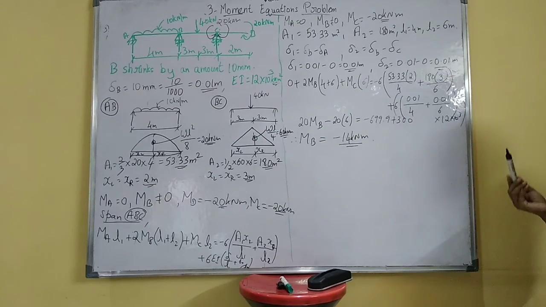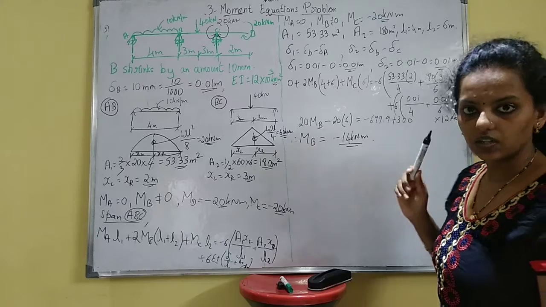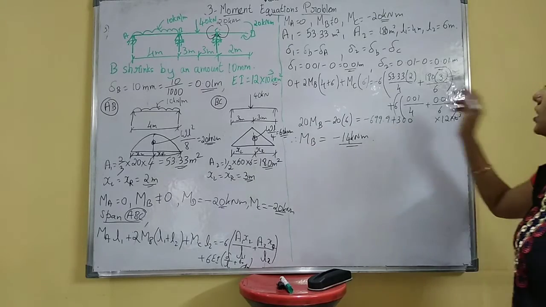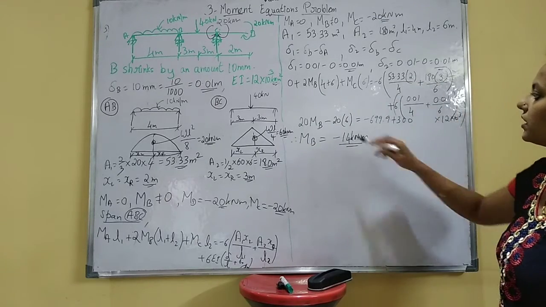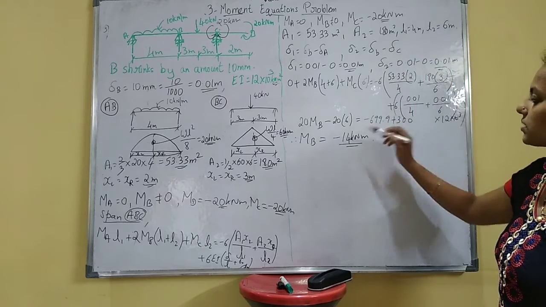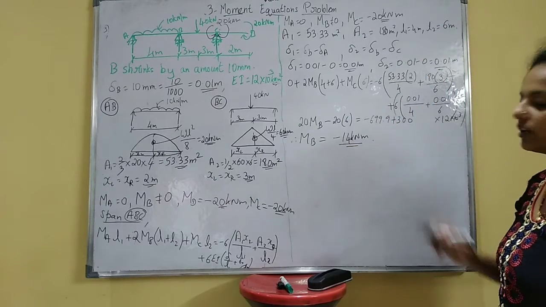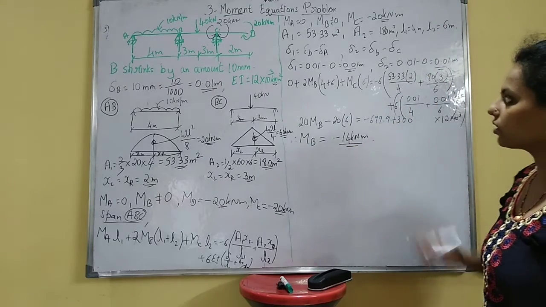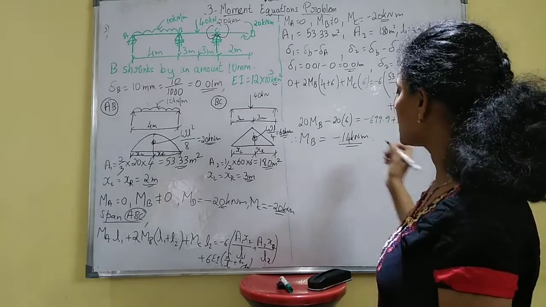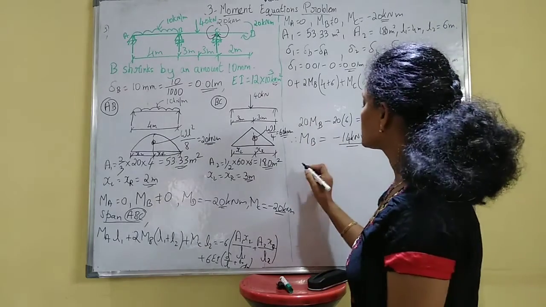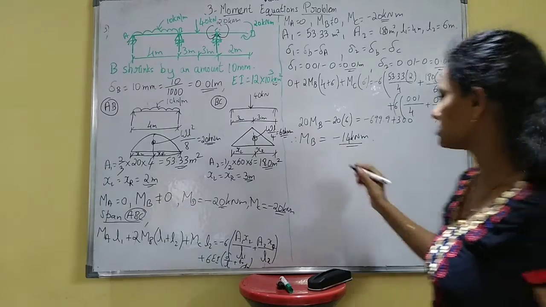If it is in Newton, just convert it into kilonewton. If it is in mm, convert it into meter square. Okay. Next, just substitute it. Your MC is known, so you can substitute directly and you will get the direct value, that is MB is found. Okay. Once this is done, next consider the span and find out the reactions.